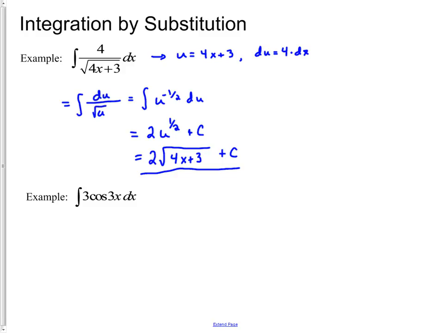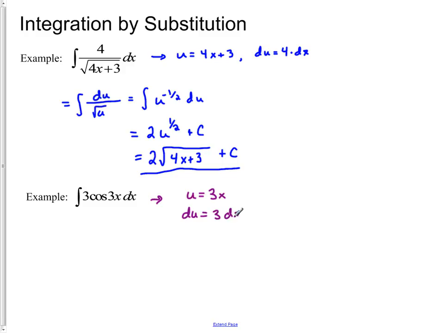Well, this system also works if we're talking about trigonometric functions, because we can relate this to a basic kind of function if we state that our function u would be the quantity 3x inside of this integral, and of course the function cosine of u. If we take the derivative of u, that's going to be 3 times dx.